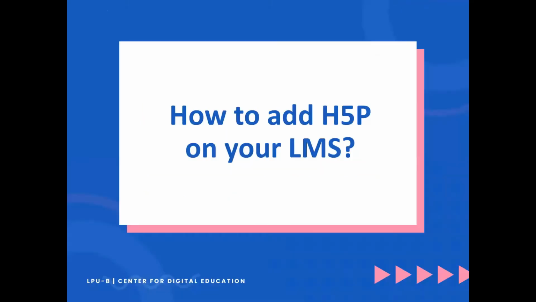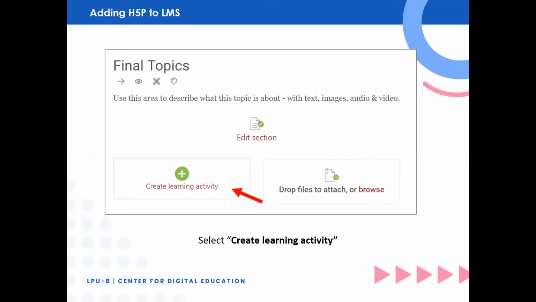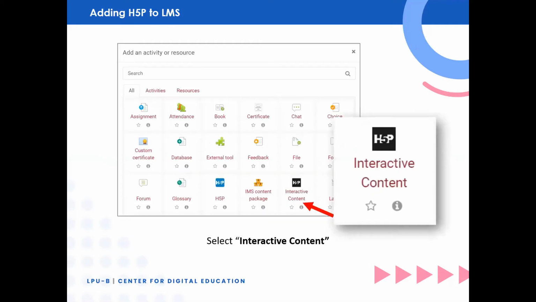So how are we going to add H5P on our LMS? So first step, alam kong ito po ay alam na alam niyo na. I-click lang natin yung Create Learning Activity. And then, hanapin po natin yung black icon na may nakalagay na H5P and ang text niya is Interactive Content.